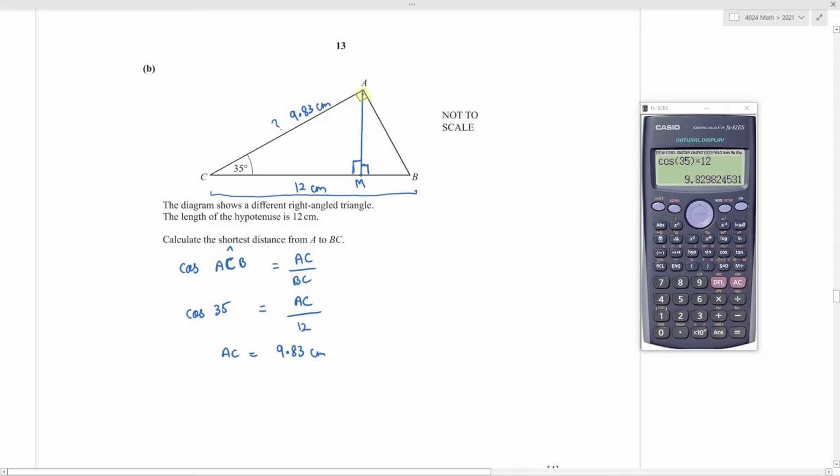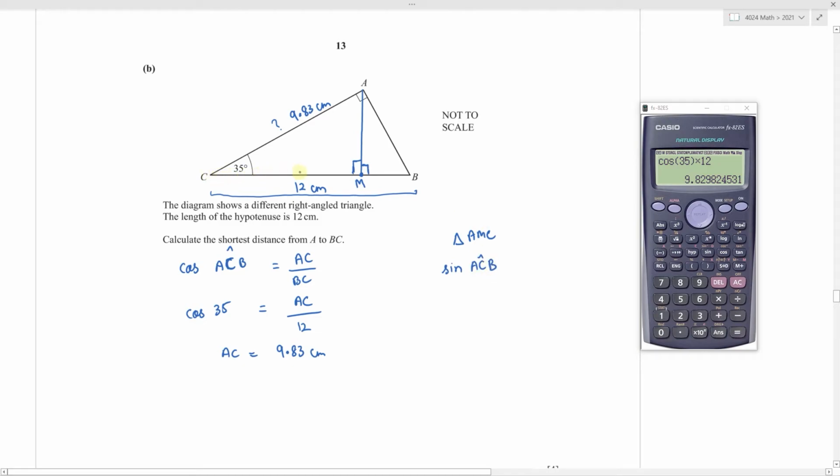Now if I look at this triangle AMC, I know this angle, I know this side, so I can easily find this length here. So for triangle AMC, given that M is this point, you have sine of angle ACB.